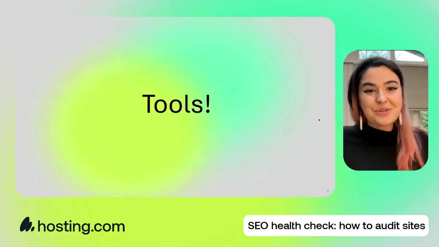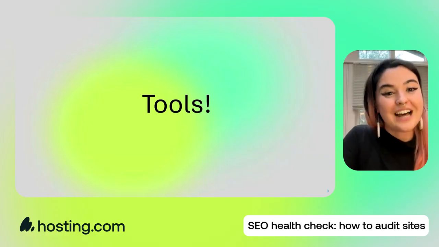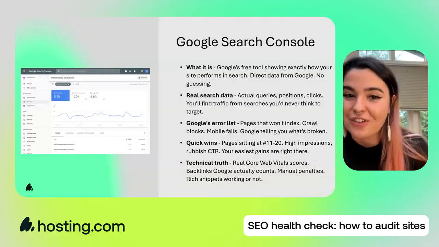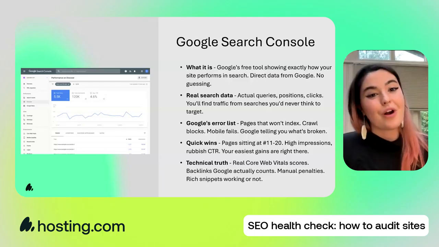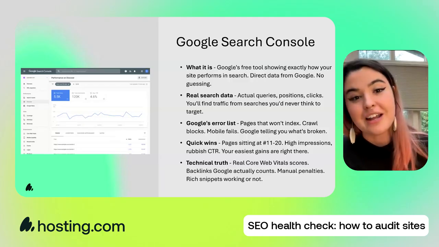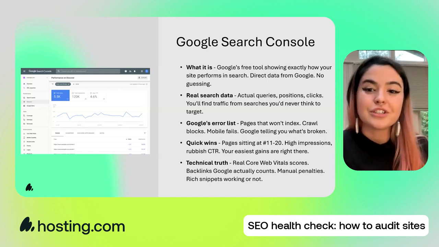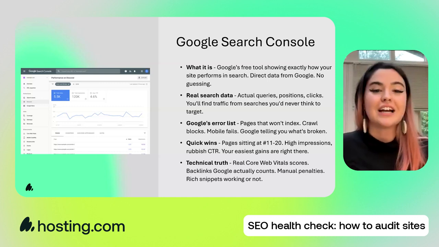So we're going to start with our tools. We use a lot of tools in the SEO space, and they don't all cost money, which I think is great. A tool I hope we're all using if we have websites, and if we're not, please get this set up today, is Google Search Console. So Google Search Console is free to use. It's got everything you need kind of in a nutshell.